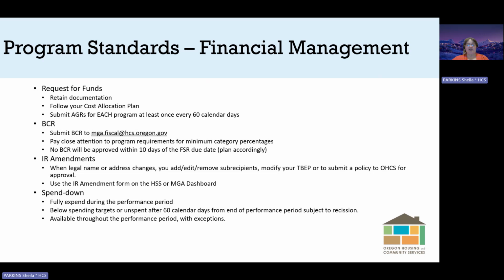Additionally, no budget changes will be approved if submitted within 10 days of the end of the grant's final financial status report period, which is due August 30th, as there is not sufficient time to process a budget change and draw the funds to meet that FSR timeline.